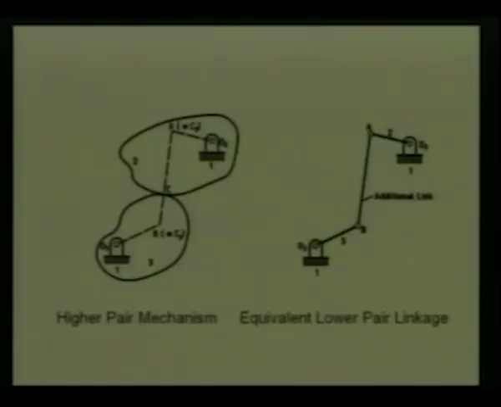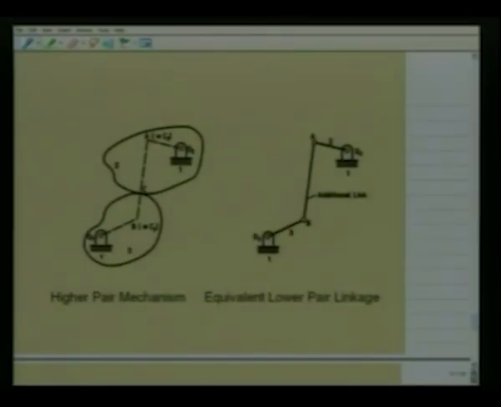As an example, let us look at this higher pair mechanism, which consists of 3 links, namely 1, the fixed link, and 2 and 3. There is a revolute pair between link number 1 and 2 at O2 and a revolute pair between link 1 and 3 at O3.